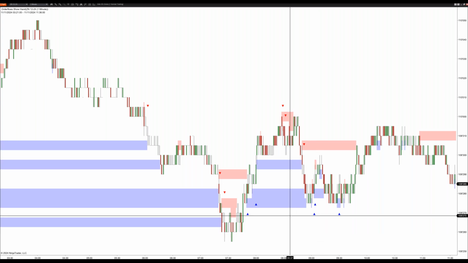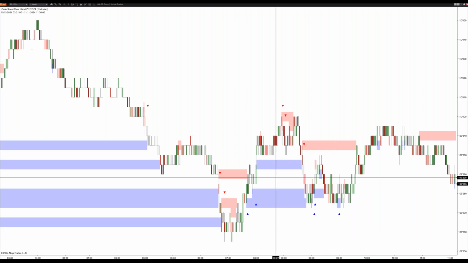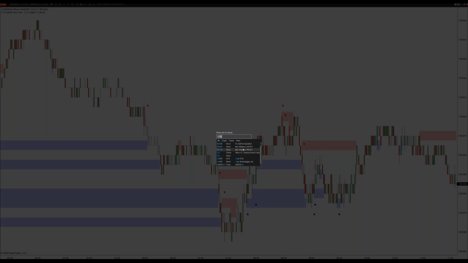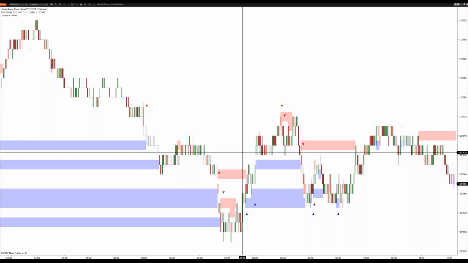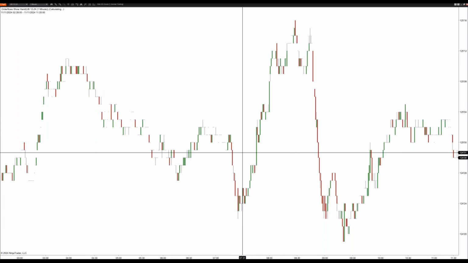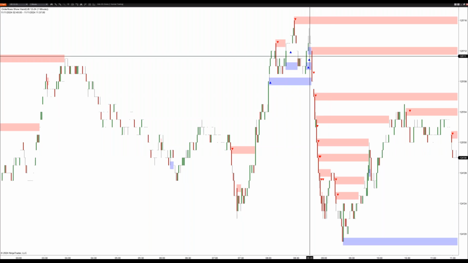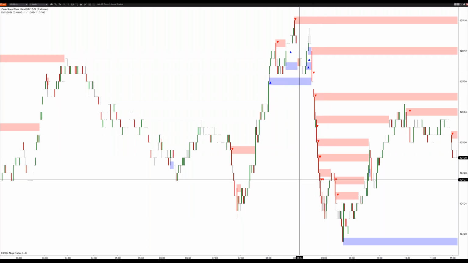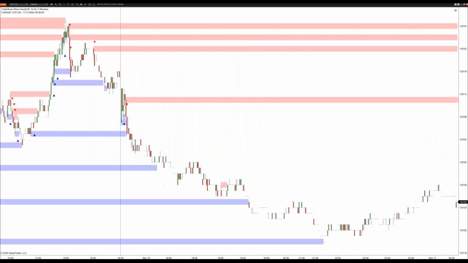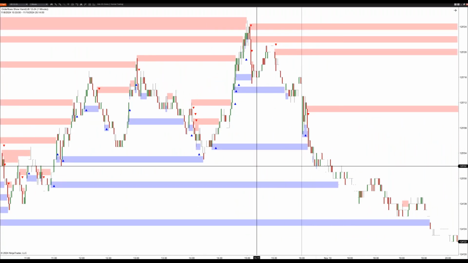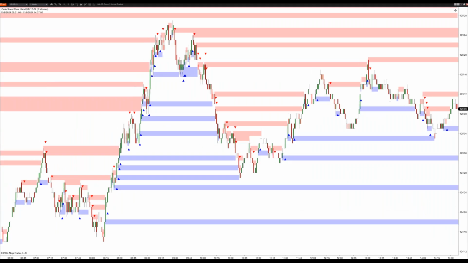For slower moving markets like interest rates, let's take a look at ultra bonds. For generally slower moving markets like interest rates, you can disable the momentum filter. Here's ultra bonds, this is today. Go back, Friday, last night.